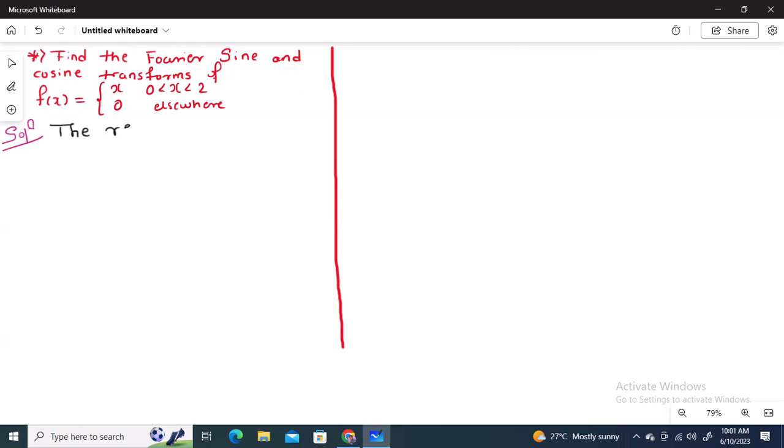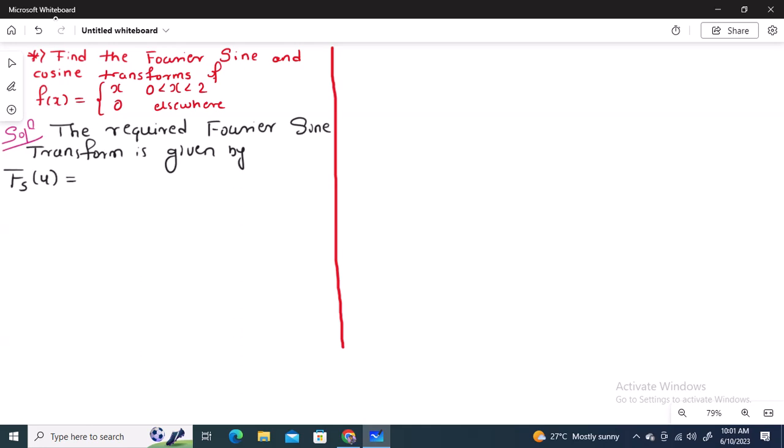The required Fourier sine transform is given by... So what is the sine transform? It is usually denoted by Fs of u.